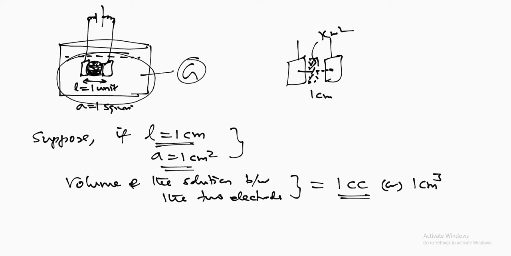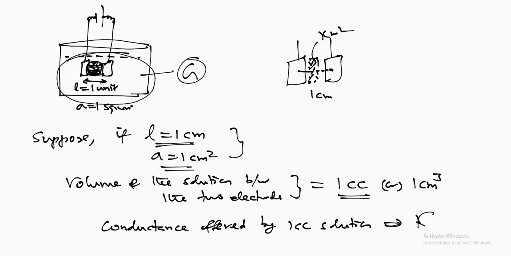That conductance is nothing but kappa. So the conductance offered by 1 cc of solution is kappa. So you can define kappa in this manner. What is specific conductance or conductivity? It is the conductance offered by 1 cc volume of solution if L equals 1 centimeter and A equals 1 centimeter square.